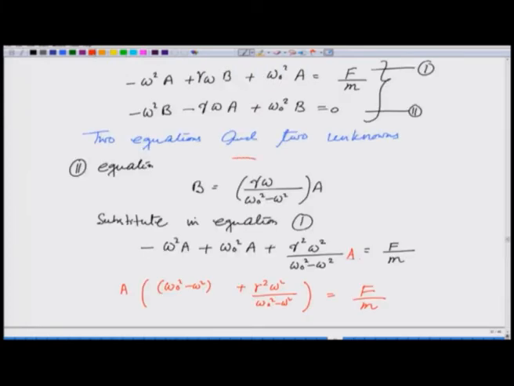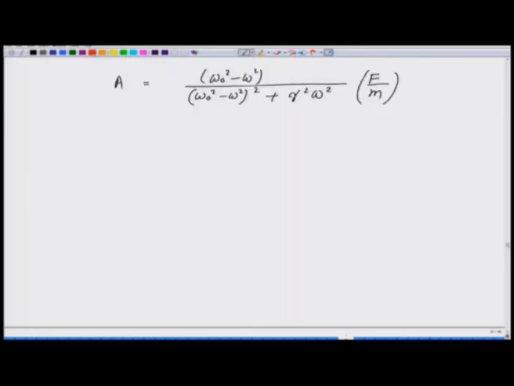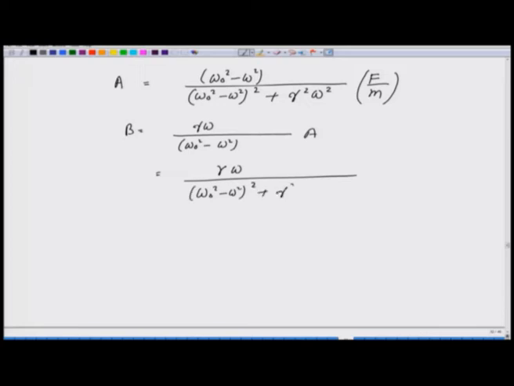This was my B. So, B was gamma omega over omega 0 square minus omega square times A. So, this comes out to be gamma omega over omega 0 square minus omega square, whole square, plus gamma square omega square, times f over m.